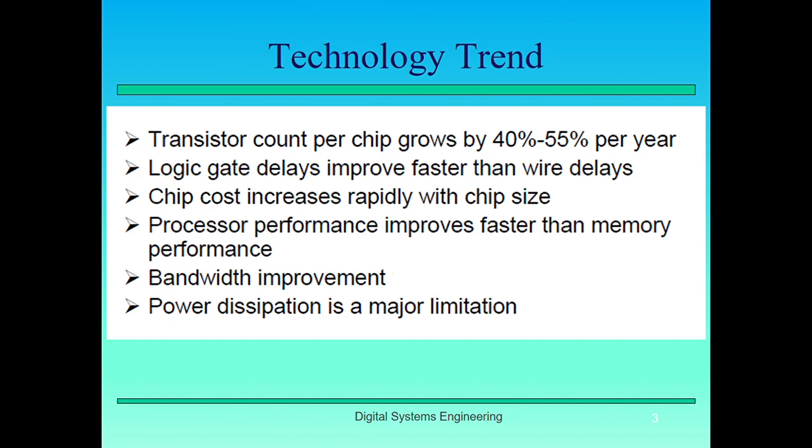Technology trends. Processors have undergone a tremendous evolution throughout their history. A key milestone in this evolution was the introduction of the microprocessor. A microprocessor is implemented in a single chip.